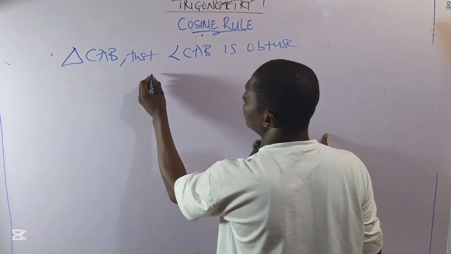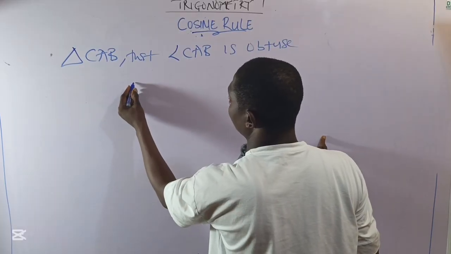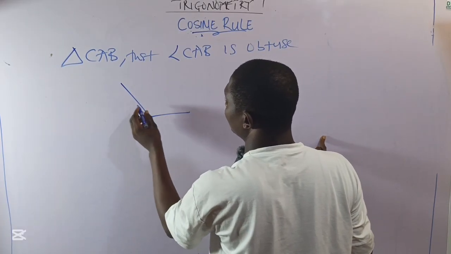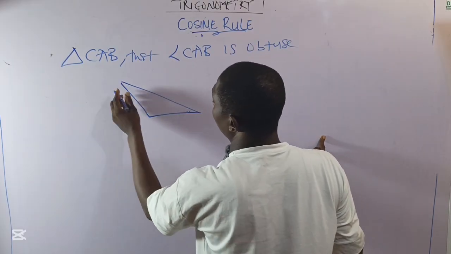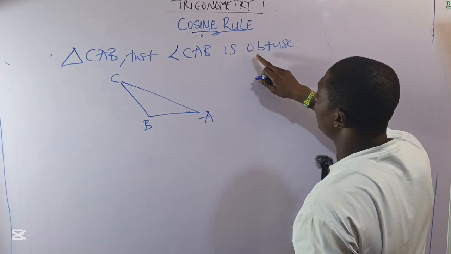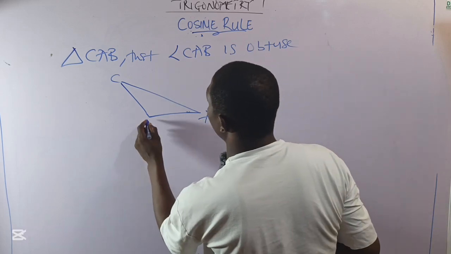Let's have a diagram of this kind. Let's say we have this way, and we have this way, and we have our C here, our B here, and our A here. Remember that angle CAB is obtuse, which is angle A is obtuse.